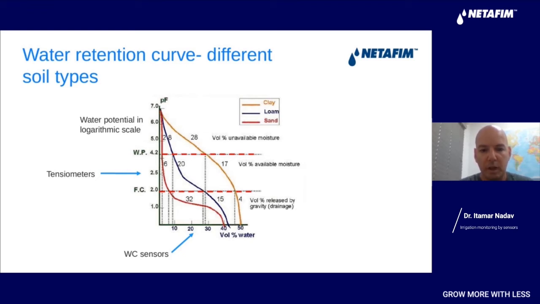And you can see that if we reduce the water content, the water potential is increasing, which means that the plant will need to invest much more energy in order to extract water from the soil. And you can also see that for the value of field capacity, in the water potential you will get the same value, but it will be a different value of water content for different types of soils. And this is very important to understand.